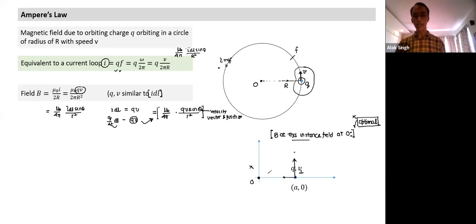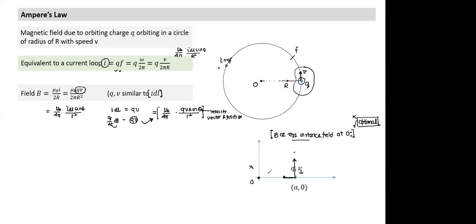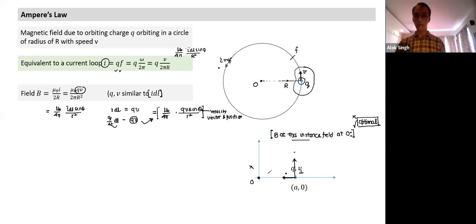No, sir. Why not? Sir, sin 0. Because the velocity vector and R vector are along the same line, sin becomes 0. So if the charge is moving at any angle, we can always take the perpendicular component and calculate.